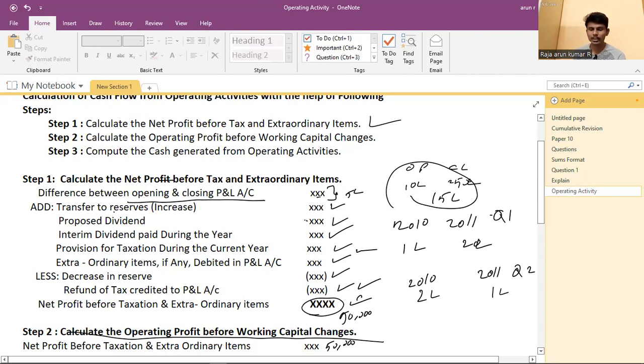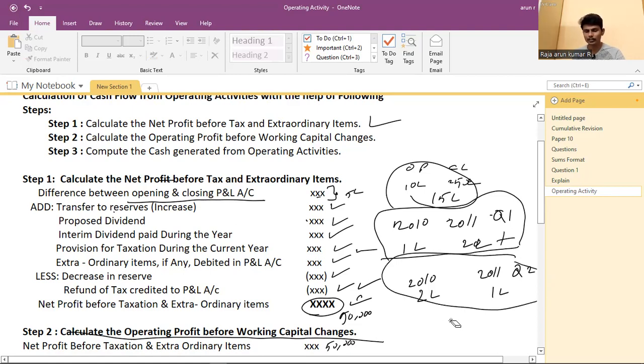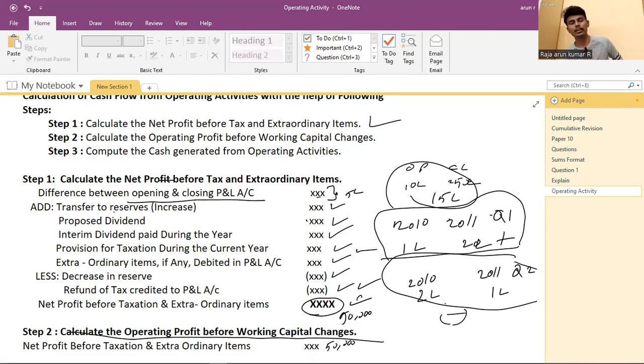In question number 1, in 2010 there is 1 lakh reserve, and in 2011 there is 2 lakh reserve. Reserve value increases, we add it. In question number 2 the reserve decreases, so we less it. It means we utilize the reserve, so cash goes out, so it will be less. And add means cash comes in, we add. This is the logic in increasing and decreasing of reserves.